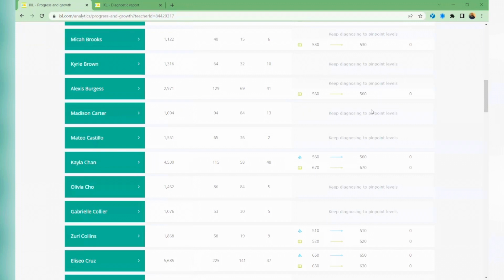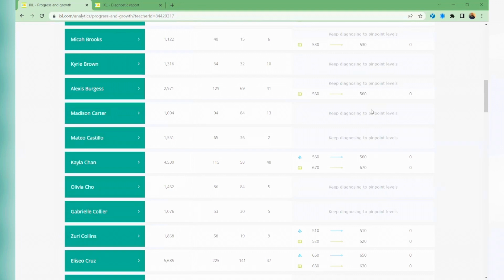So if we're hosting those PLC conversations across the district, this is also a great piece to pull up. We can even take it down into that tier analysis to quickly see exactly where students are in the tier process. If we want to hone in specifically on those diagnostic strands again, we can always do that and click on that to pull up those overall levels to see exactly how these second grade students are performing.